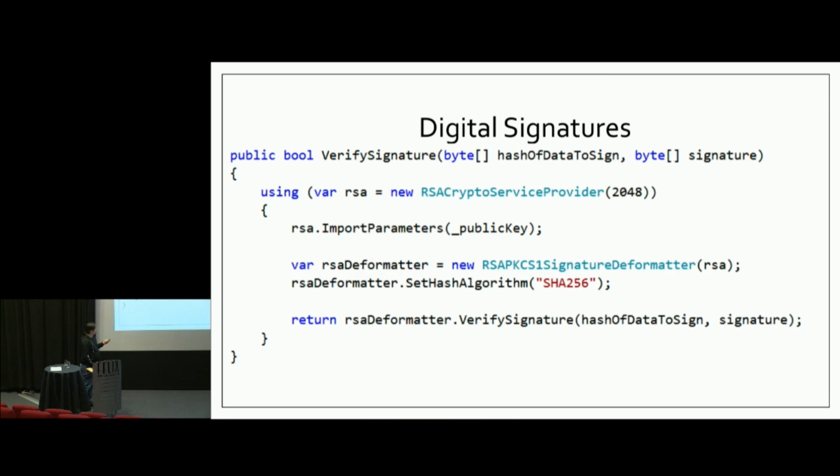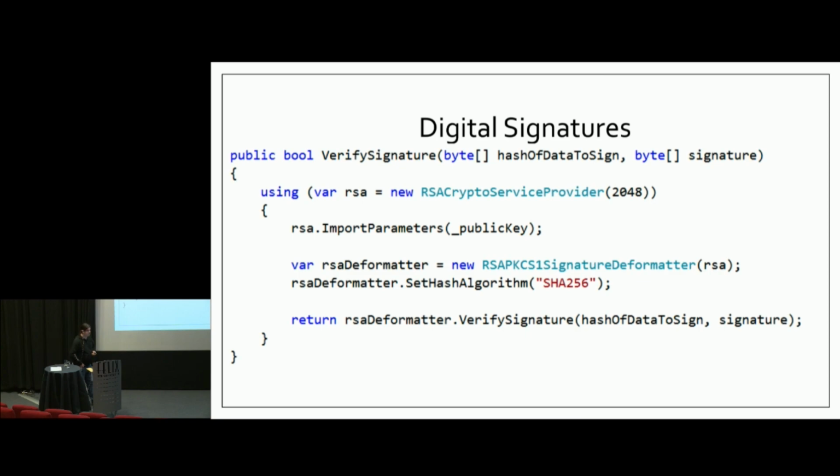And this time we create the RSA PKCS1 signature deformatter, obviously. Then we set the hash algorithm to SHA-256, and we just call verify signature, passing in the hash of the data and the original signature that was generated. If it's valid, you get true returned. If it's invalid, you get false returned. So if it's false, then you don't trust the hash of that data or the signature.